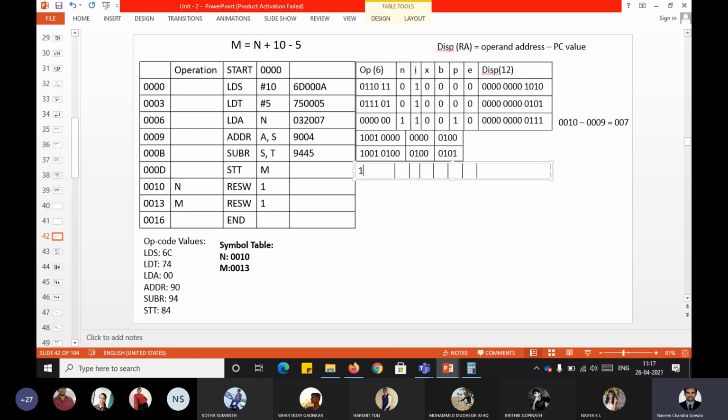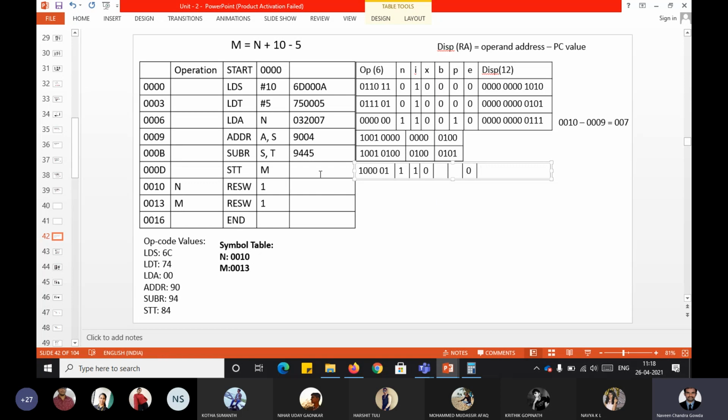The opcode is only 6 bits because it is format 3, so it is 8 4 followed by the n and i bits. It is neither indirect nor immediate because the operand is not preceded with either the hash or the at symbol, so n and i are 1 and 1. Again, it is not using the X register. Again, followed by e, which is 0 because it is format 3.